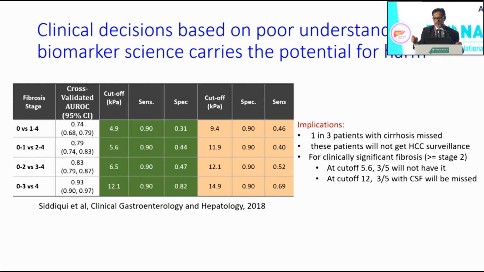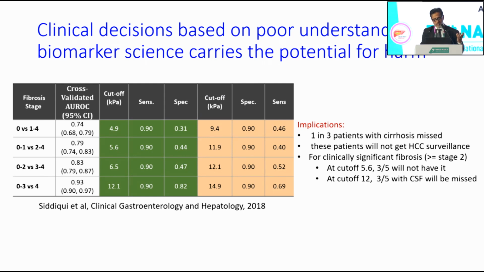These patients will not get HCC surveillance. And for clinically significant fibrosis, if your cutoff is 5.6, 3 out of 5 actually will not have it. And with a cutoff of 12, when you use the high cutoff, 3 out of 5 with clinically significant fibrosis will be missed. So that shows you that there is noise in all of these biomarkers and that you have to be aware of it, that there's a certain amount of error range within all of these biomarkers.